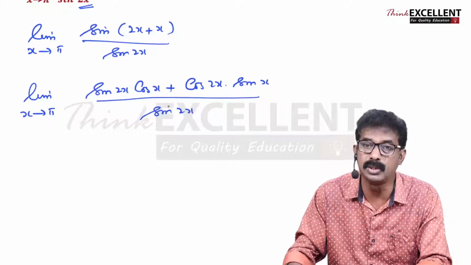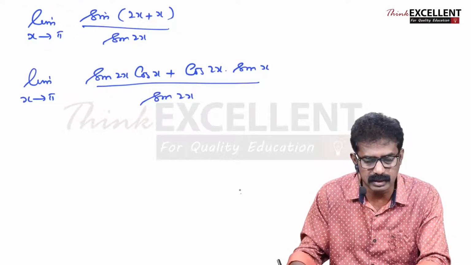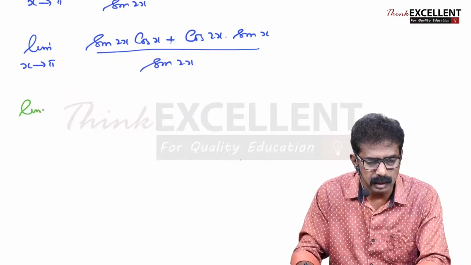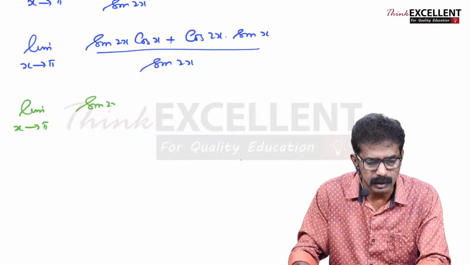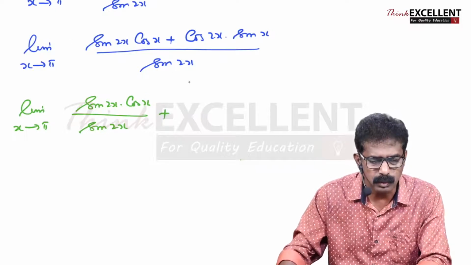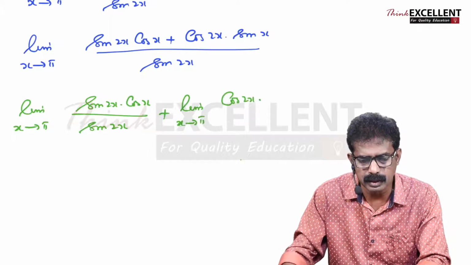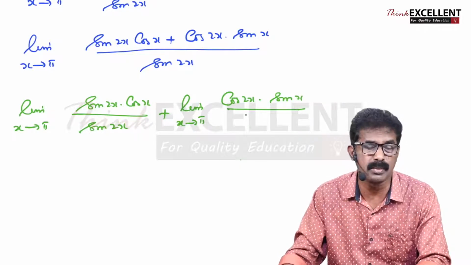Now you split into 2, also give limits separately. So the first term you are getting limit x tends to pi, sin 2x into cos x by sin 2x, you write as it is because you can cancel the sin 2x, right? Plus second one, limit x tends to pi, cos 2x into sin x by sin 2x.